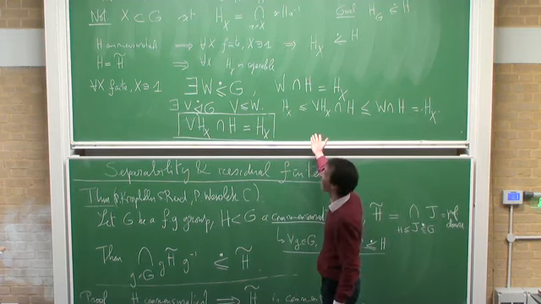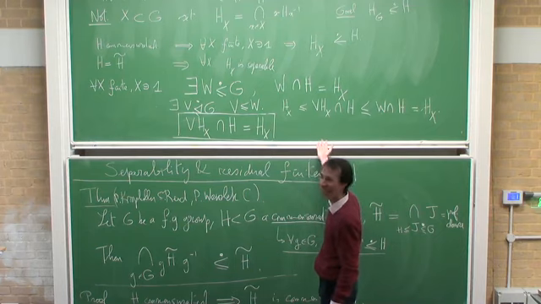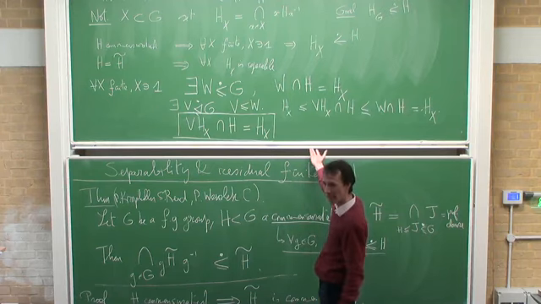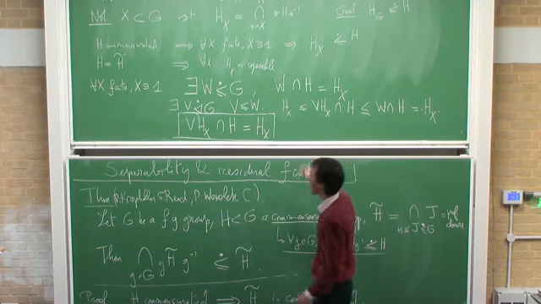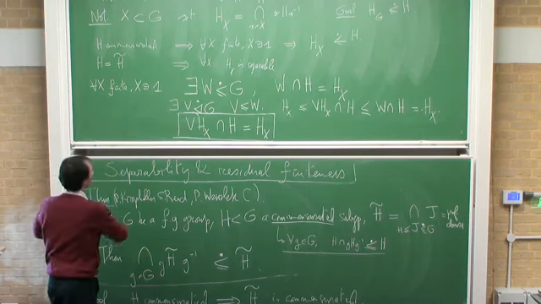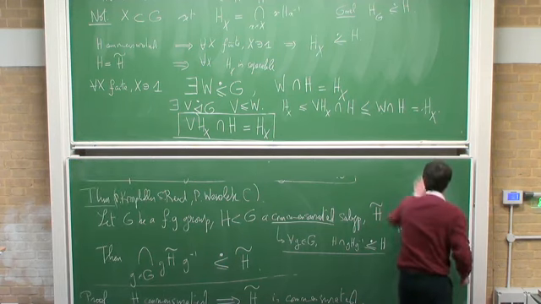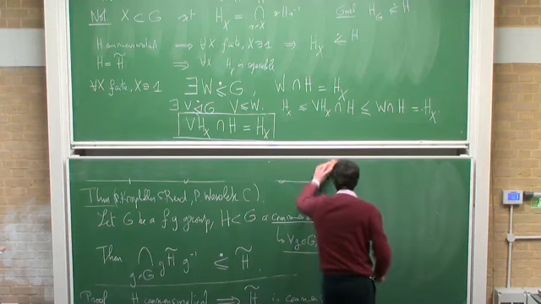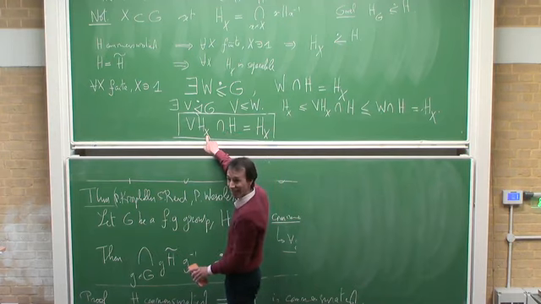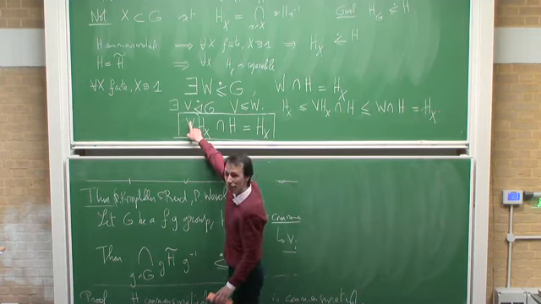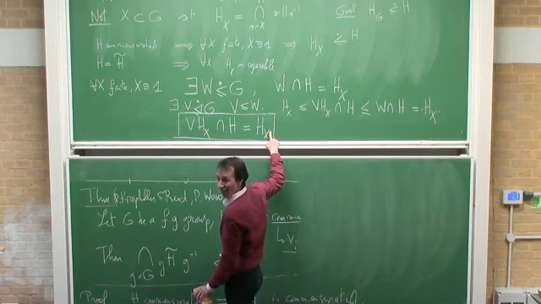So what is my favorite finite subset of G containing the identity? A generating set. So I will apply this to a generating set containing the identity, and then I will show that for the given subgroup V satisfying this with a generating set, the same V will again satisfy this for the ball of radius 2 in my group, and then the ball of radius 3 in my group.